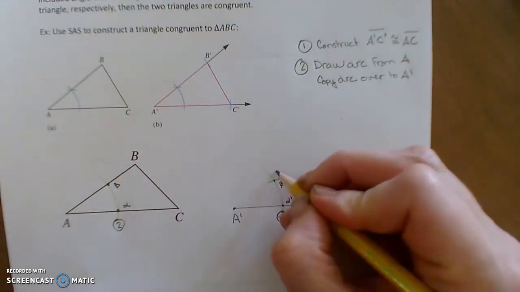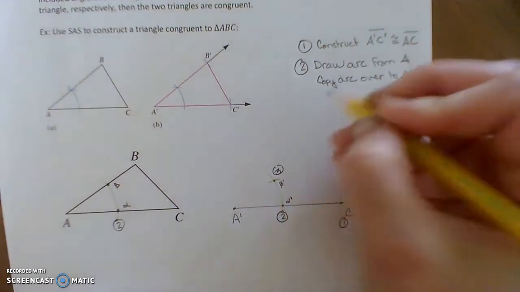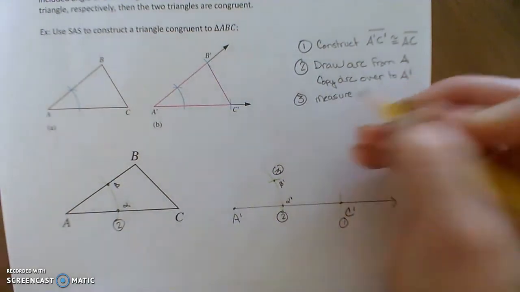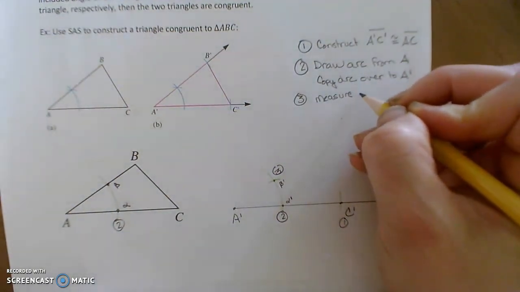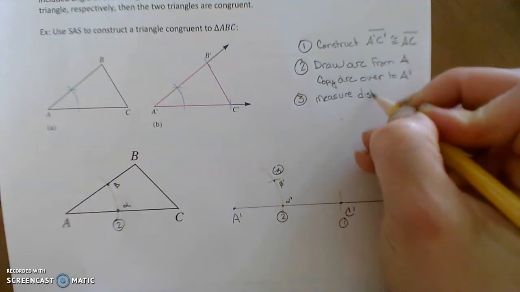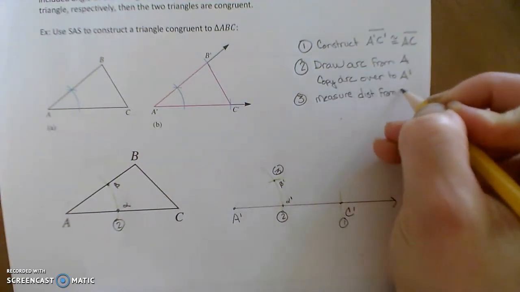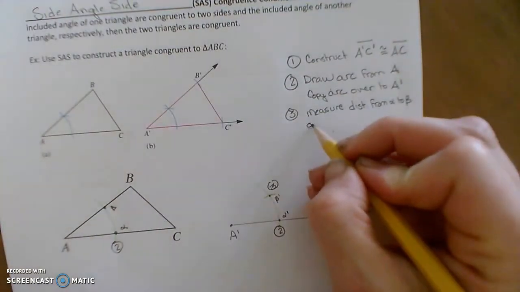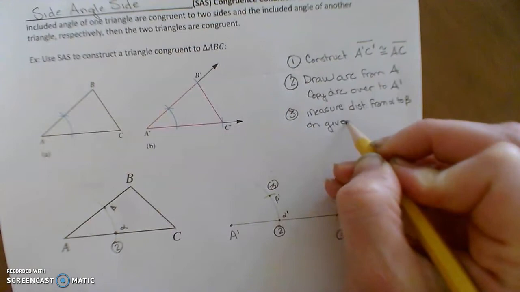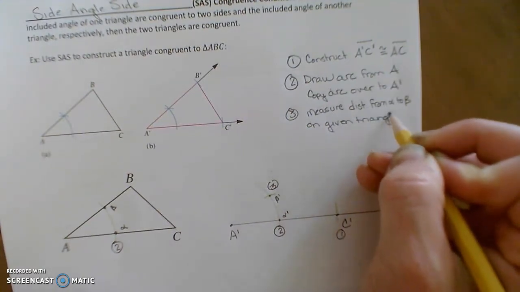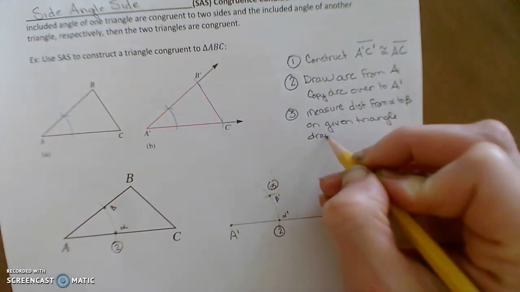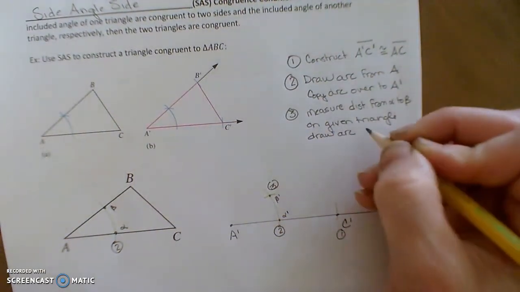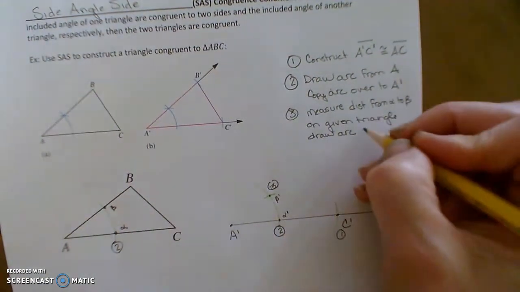So step three, where I drew this arc, is to measure the distance from alpha to beta on the first triangle, and draw the arc over from alpha prime.